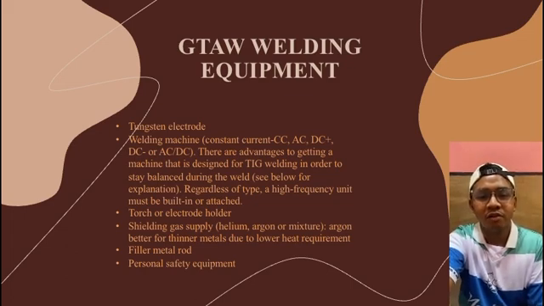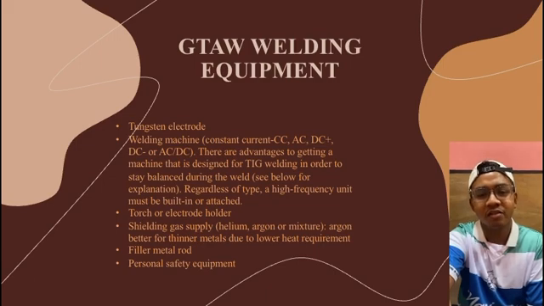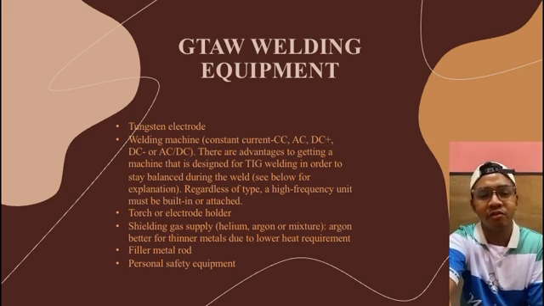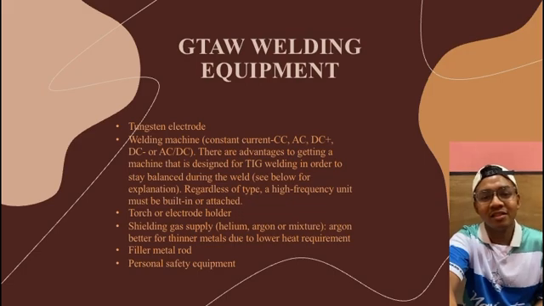Number 3, the torch or electrode holder. Number 4, the shielding gas supply. It is helium, argon or a mixture of argon, better for thinner metal due to lower heat requirement. Number 5, the filler metal rod. Number 6, the last one, personal safety equipment.